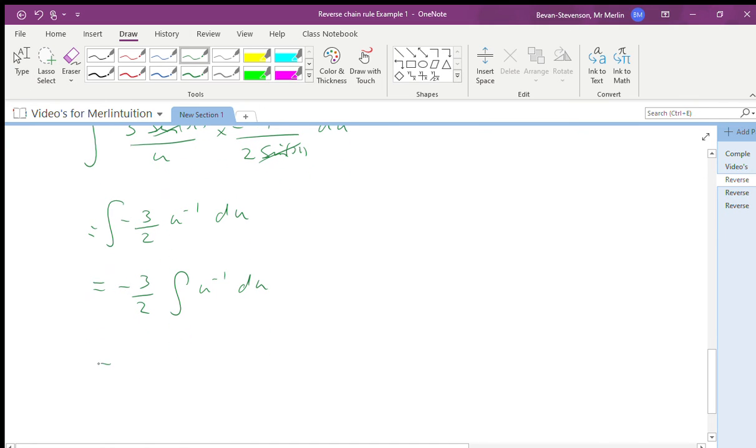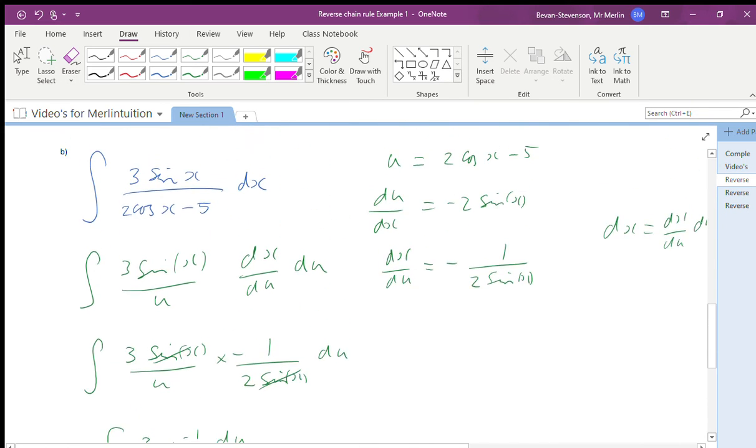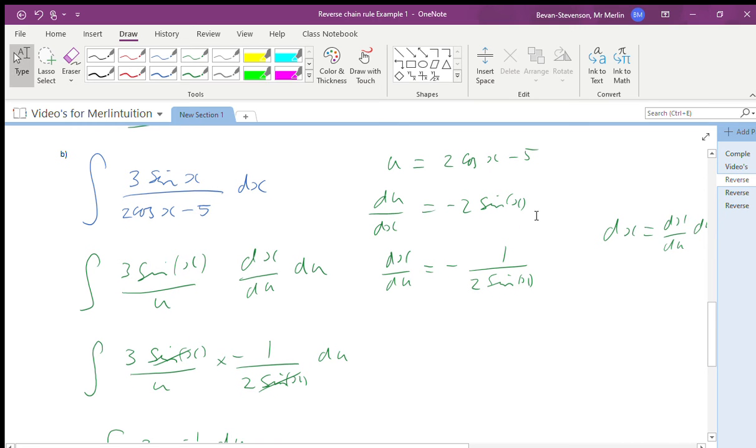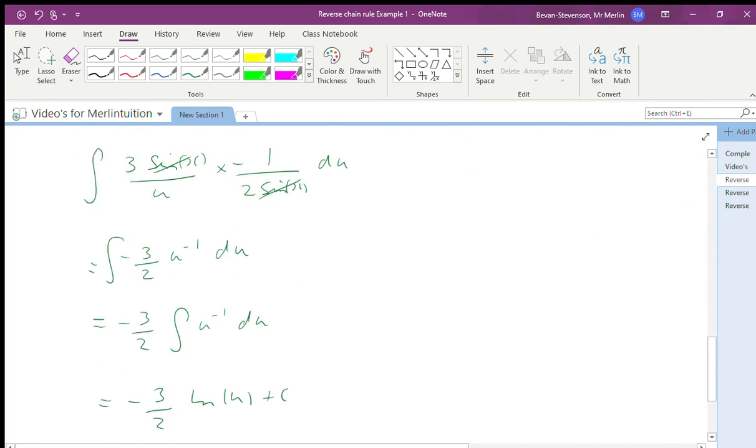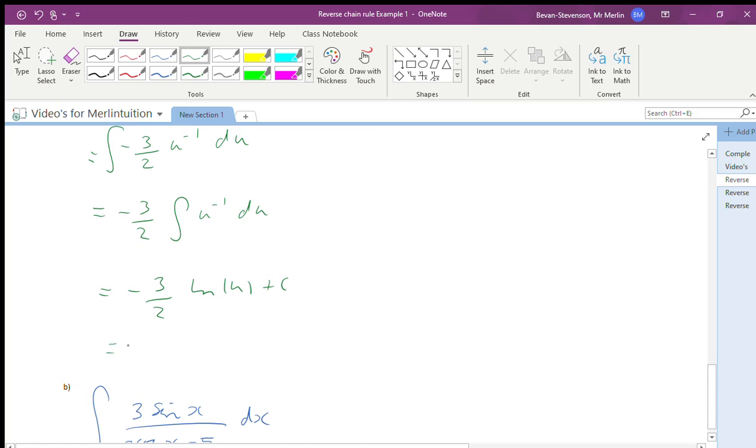That is again simply minus 3 over 2 ln u plus c. Again, we have to go back and find out what u was. u was 2 cos x minus 5. So this is minus 3 over 2 ln of 2 cos x minus 5 plus c.